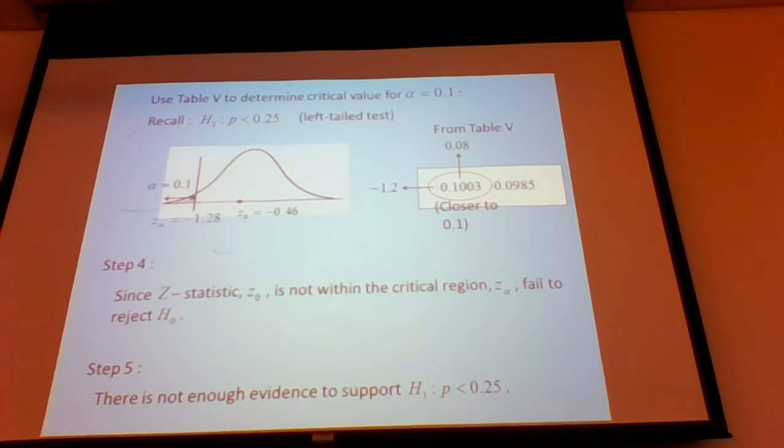And here you could just say something very simple. There's not enough evidence to support the claim that the p-value is less than 0.25. So for step 4, this says since the test statistic Z sub 0 is not within the critical region, meaning it's not more negative than Z of alpha, then you don't reject it.